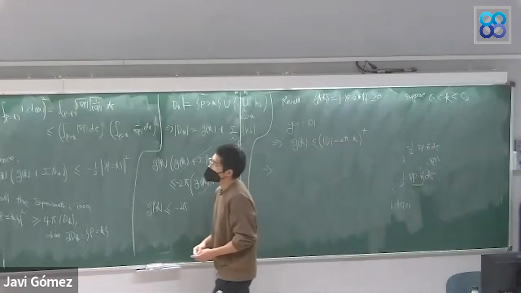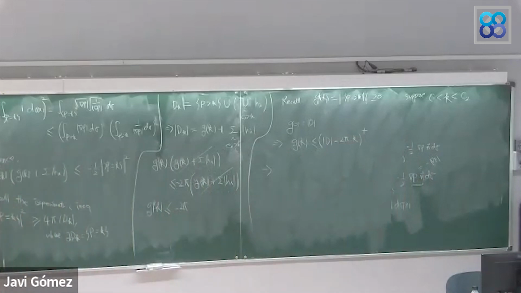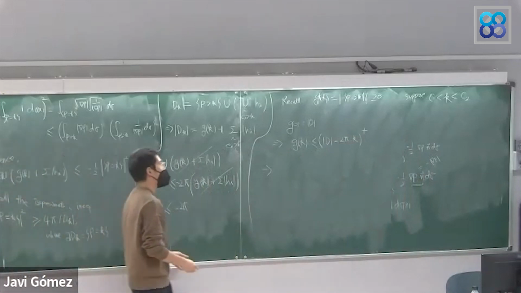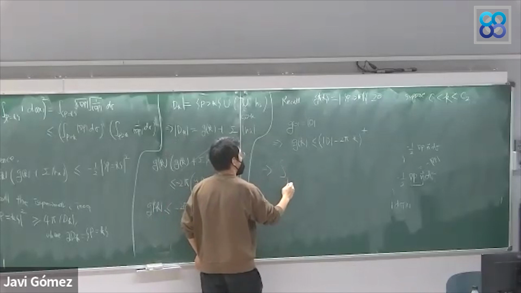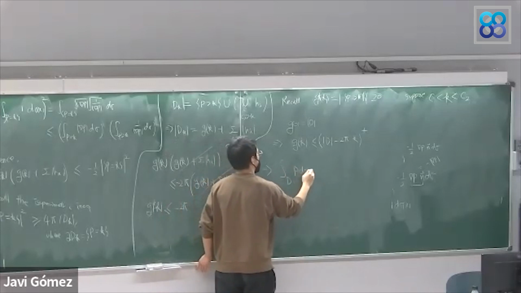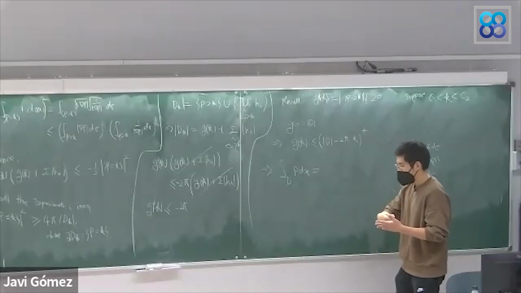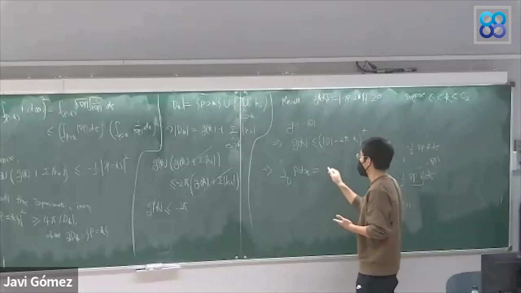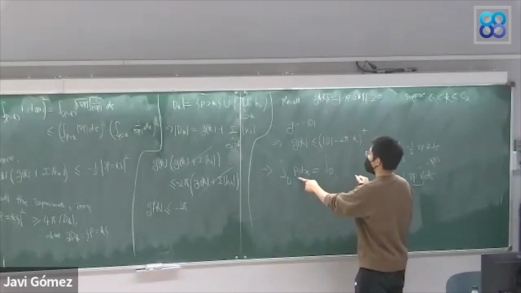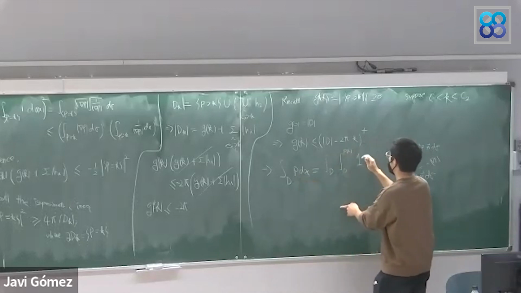But what are we looking for? We are looking for the integral of p on D. Let me use the layer cake representation. So we can write this p as the integral from 0 to p(x) of 1 dt, right?